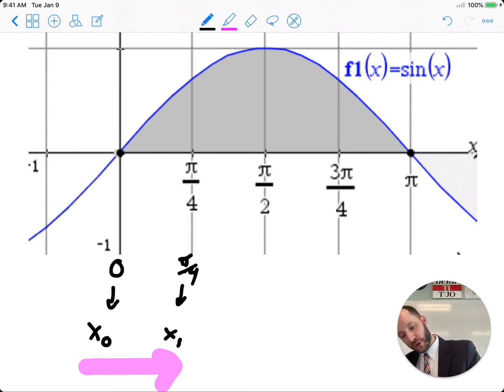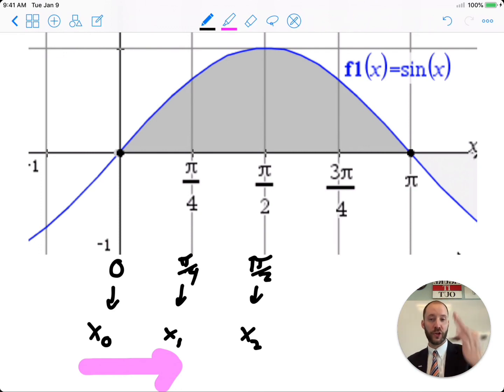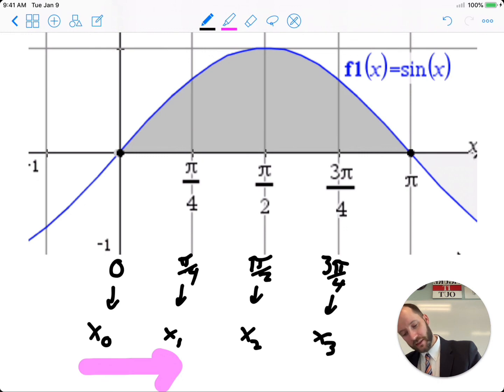From pi over 4 to pi over 2, so pi over 2 would be your x sub 2, the end of your second interval, your second rectangle. 3 pi over 4, that is x sub 3. And pi is x sub 4.